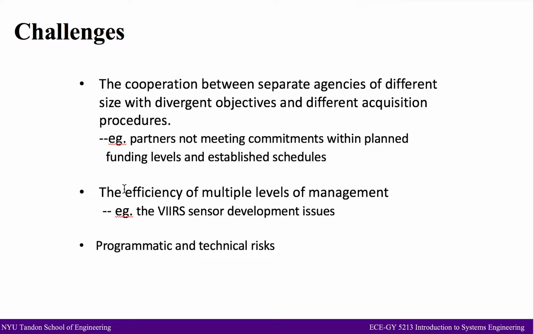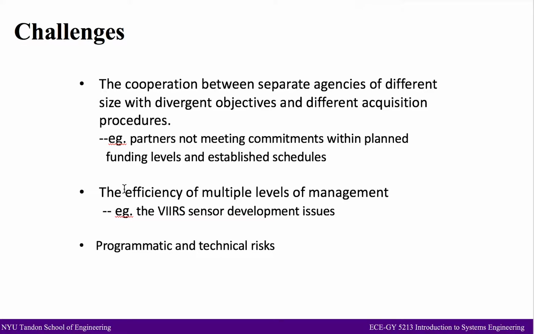The first one is the cooperation between separate agencies of different size with divergent objectives and different acquisition procedures. An example is the NASA partners not meeting the commitment with planned funding levels and established schedules. So usually the schedule will be delayed and the funding will be overcharged.